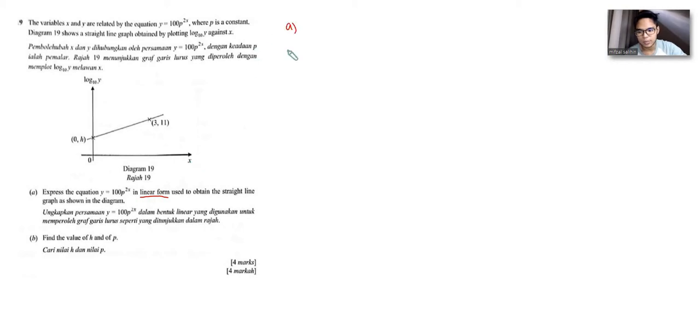So first, we are going to write down y = 100p^(2x). The first thing that we have to do is apply log on both sides, because we cannot do anything else apart from applying log. So log10 y = log10 (100p^(2x)).